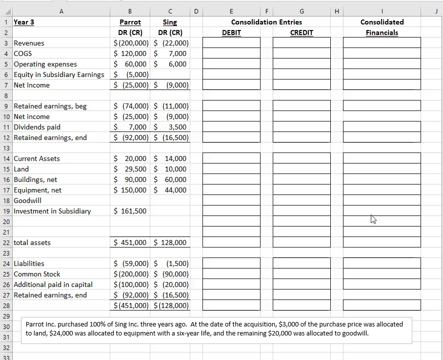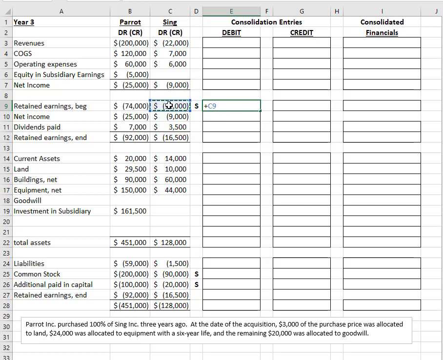So let's do the S entry. Let's get rid of the stock, additional paid in capital, and retained earnings of the subsidiary. We're going to take beginning retained earnings because it's not at acquisition, and so the year 3 activity that flowed through retained earnings belongs to the parent, and we're not going to eliminate that.